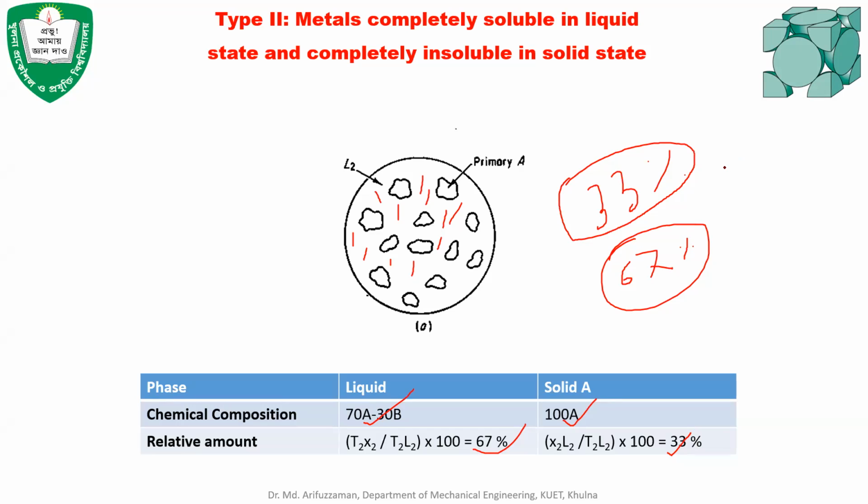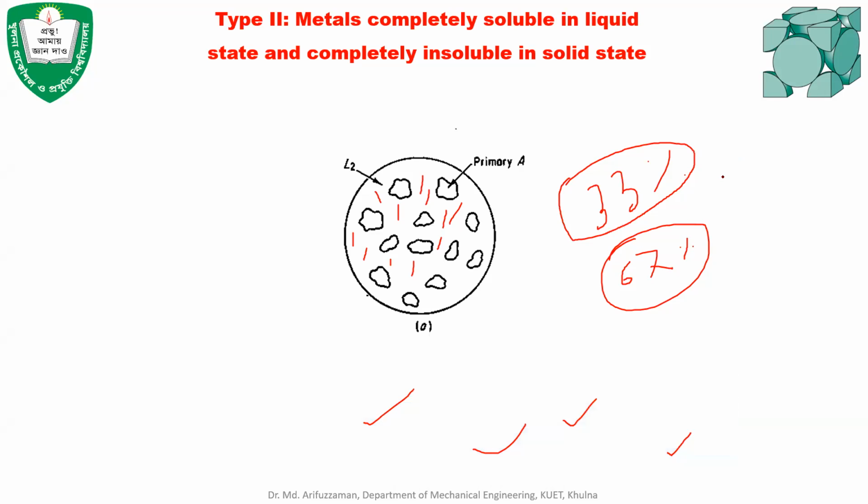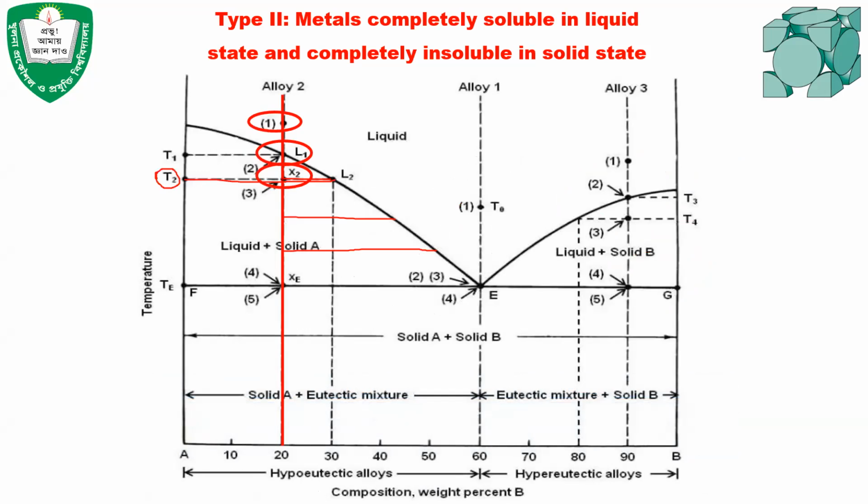What do you think? No, sir. Different. So that's how you can get a wide range of mechanical properties, by cooling an alloy from a certain temperature very quickly or very slowly. You can get different microstructures, and that will give you different mechanical properties. That's why we study the phase diagram. Okay.